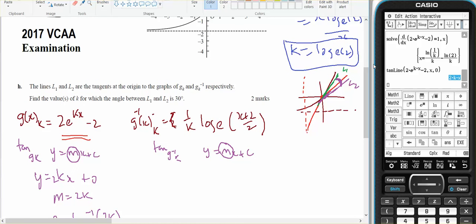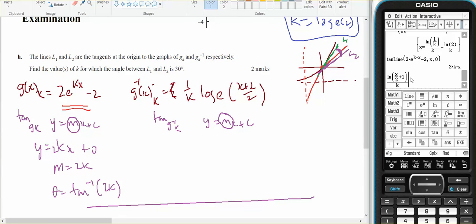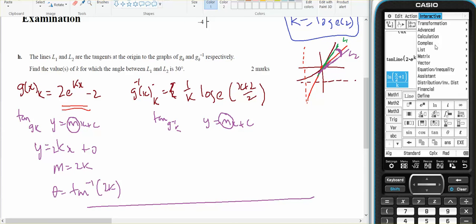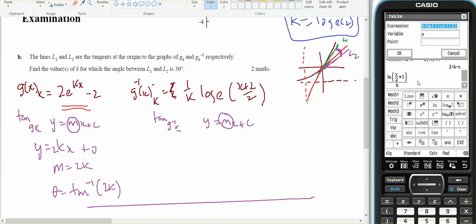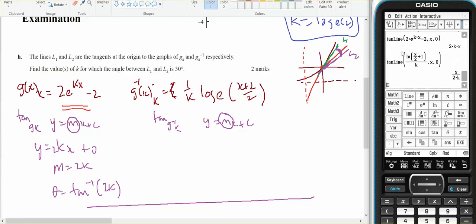And if I get the inverse and do the same thing, interactive calculation line, tan line at x equals 0, that gives me an equation which is y equals 1 on 2k x plus 0.